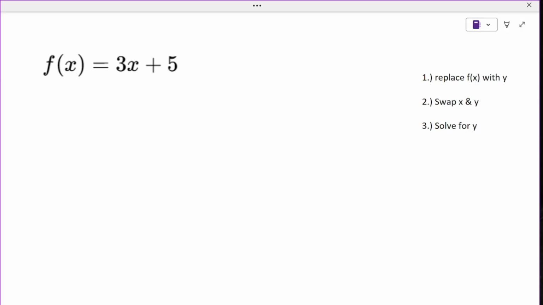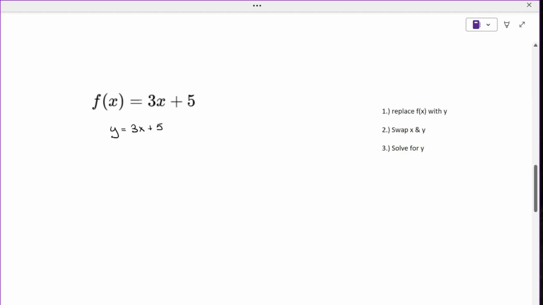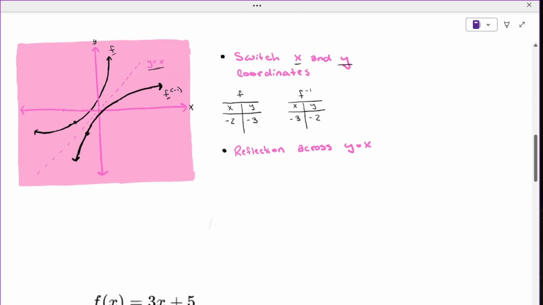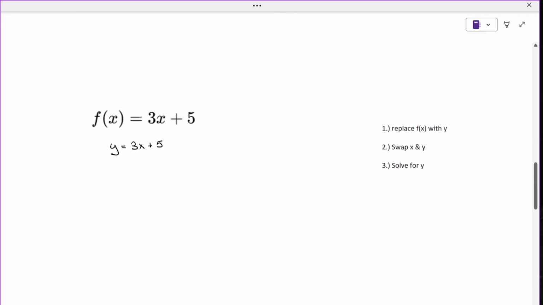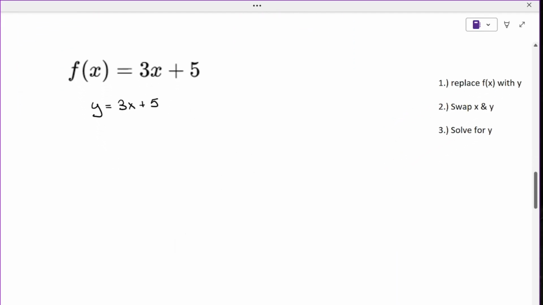So we're going to start off with number one, y equals 3x plus 5. Okay, first step is done. Next, we're going to swap the x and the y. Why are we doing this? Because, like we said before, in order to find the inverse, we are switching the x and the y coordinates, and we are solving for y.